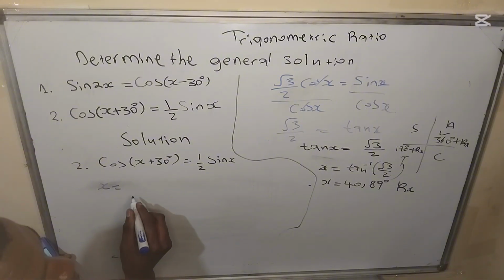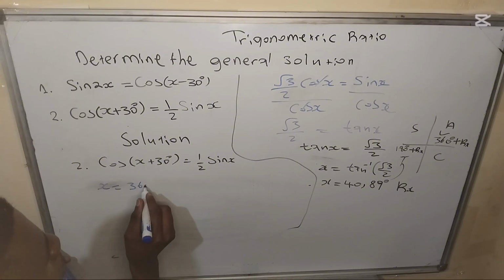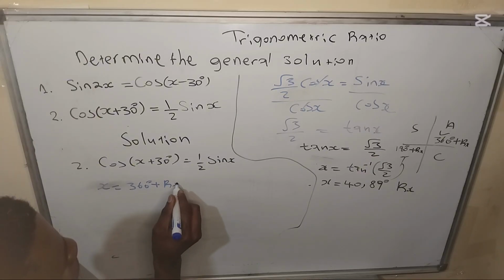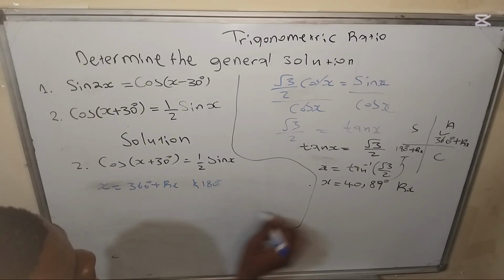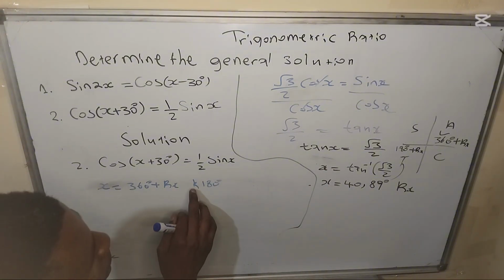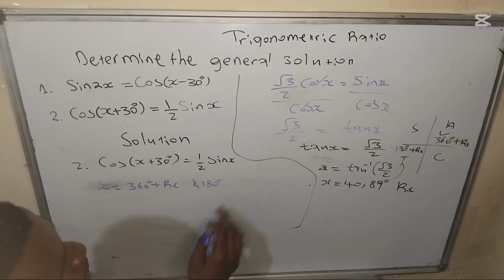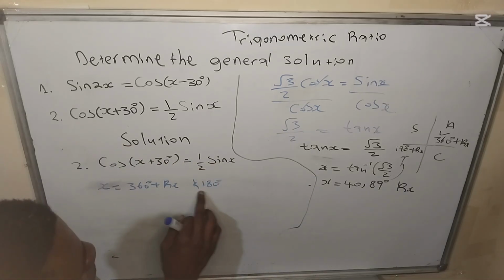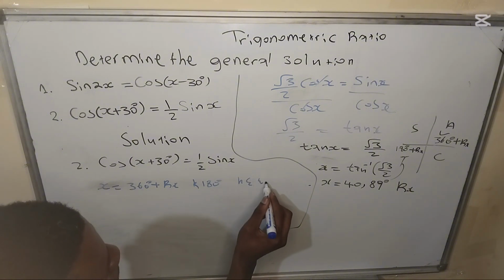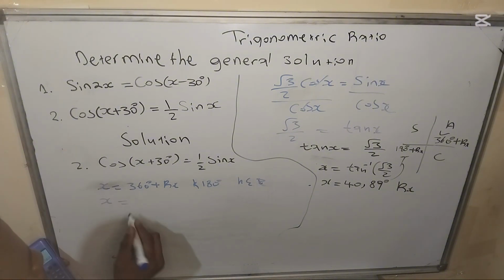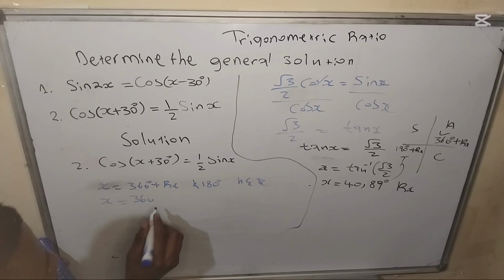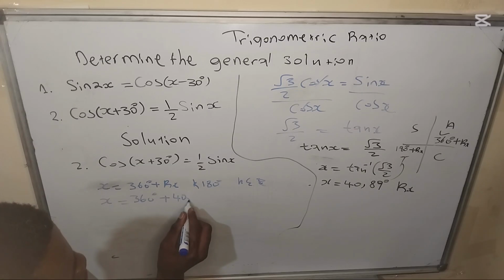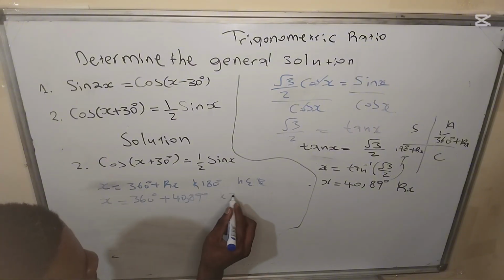Let's use the reduction formula that is found in the first quadrant. We have x equal to 360 degrees plus reference angle plus k 180 degrees, because it's tan. Whenever you deal with tan, you just need to say k 180 degrees instead of 360 degrees. 360 degrees is meant for cos and sine. So k 180 degrees, k is an element of z. Then x is equal to 360 degrees plus reference angle, 40,89 degrees, plus k 180 degrees.